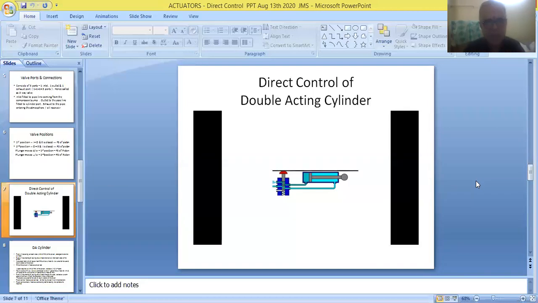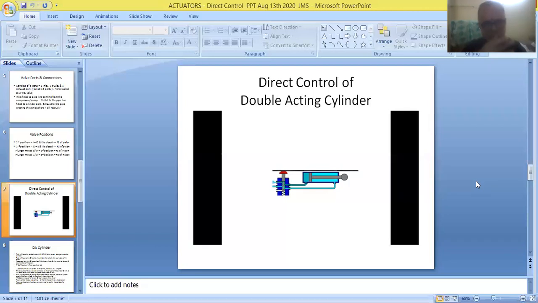So friends, it has one inlet port, two outlet ports and two exhaust ports. So 1 plus 2 plus 2 is equal to 5. Totally it has 5 ports: one inlet, two outlets and two exhausts. Therefore, it is referred to as a 5-way DC valve.